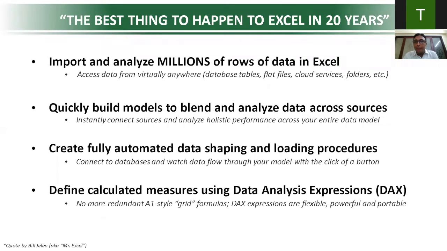And create some visual things. Quickly build models and blend and analyze data across sources. Create fully automated data shaping and loading procedures, and define calculation measures using Data Analysis Expressions, which is DAX. So these are some of the best things that happened to Excel in the last 20 years.